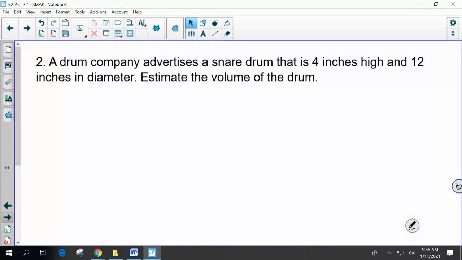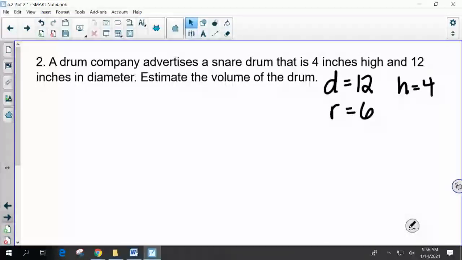All right, so next, a drum company advertises a snare drum that is 4 inches high and 12 inches in diameter. So diameter equals 12, height equals 4. Estimate the volume. So first thing I'm going to have to do is get a radius. So the radius is 6.